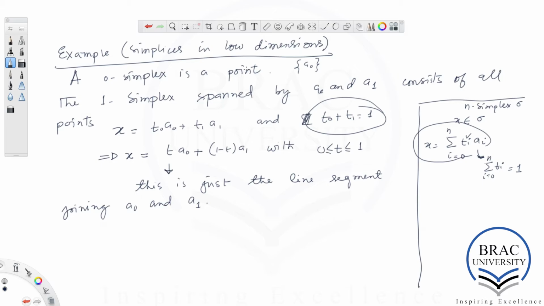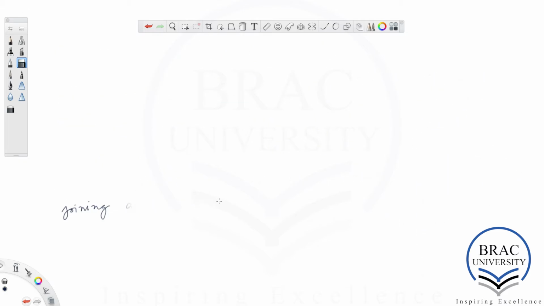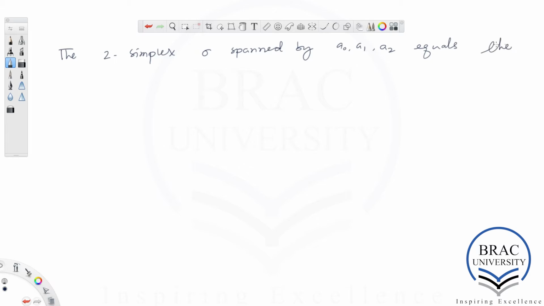So a zero simplex is a point, and a one simplex is a straight line. Now, what is a two simplex? We'll see that a two simplex is a triangle. The two simplex sigma spanned by 3 points a0, a1, a2 equals the triangle.